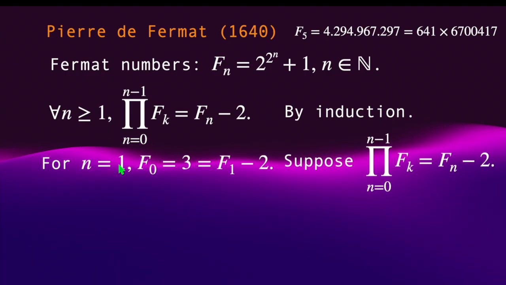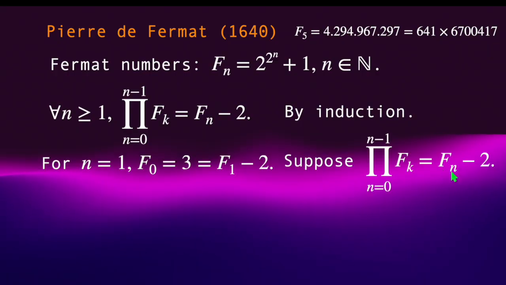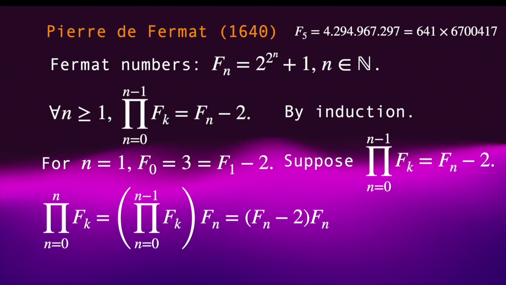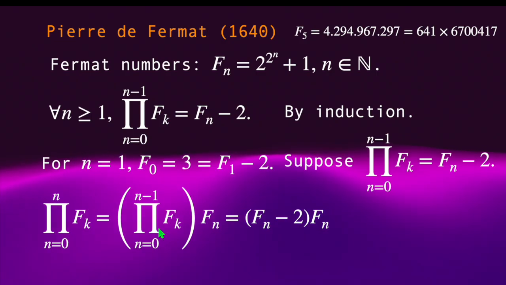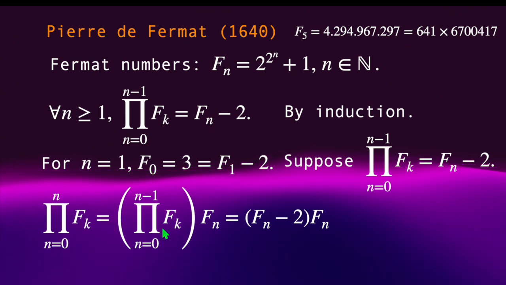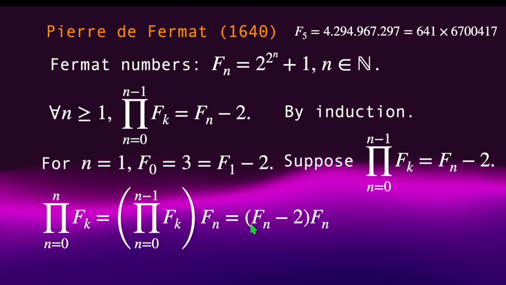And we suppose that this formula is true for n, and we will show it for n plus 1. So for n plus 1, this product is equal to the previous one times Fn, but by the induction hypothesis, this is equal to Fn minus 2 times Fn.